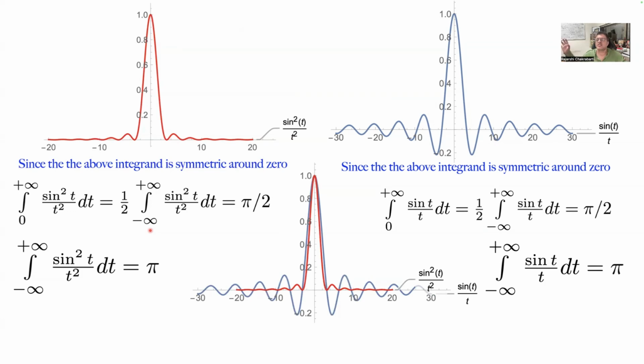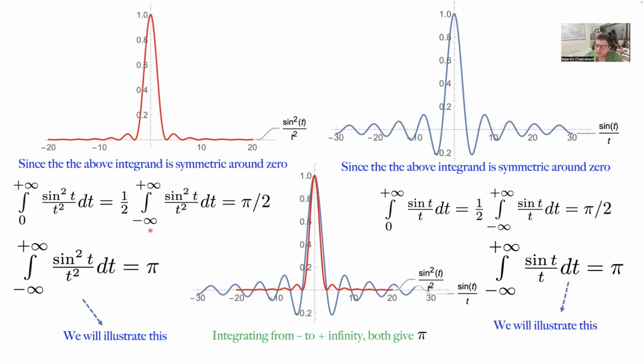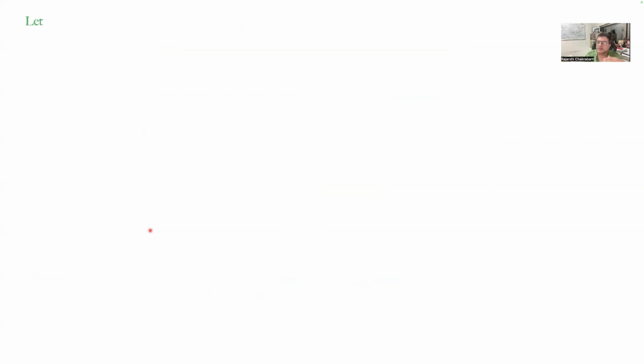So both functions are different, but when you integrate from minus to plus infinity, you get the same result, pi. To plot them together, they look something like this. So we'll illustrate that sine squared t over t squared integrated from minus to plus infinity is equal to pi, as well as that sine t over t integrated from minus to plus infinity is also pi.